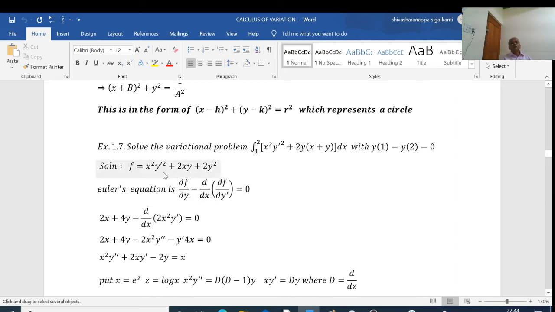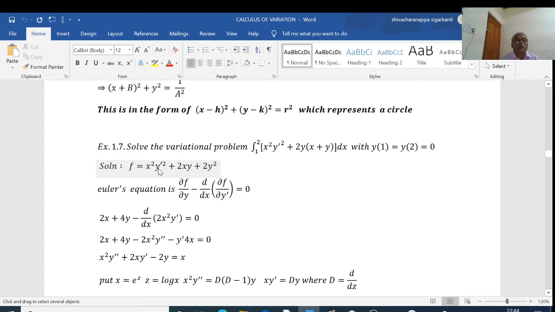Differentiating this with respect to y, first term is equal to 0 because this is independent of y. And second term 2x, okay, 2x plus derivative of this is 4y, 2x plus 4y minus d by dx of dou f by dou y dash.